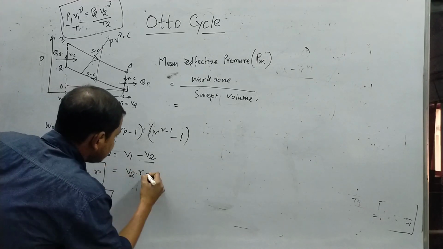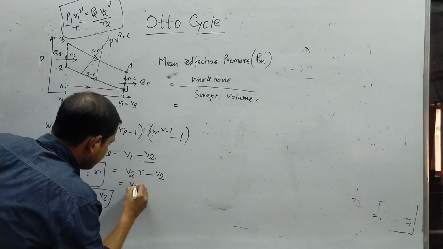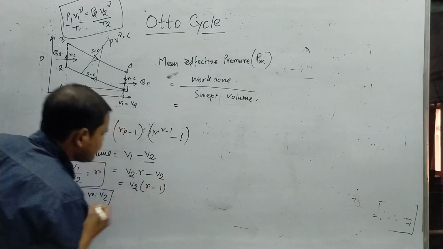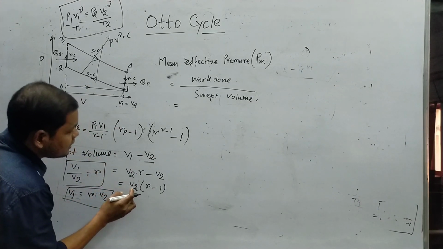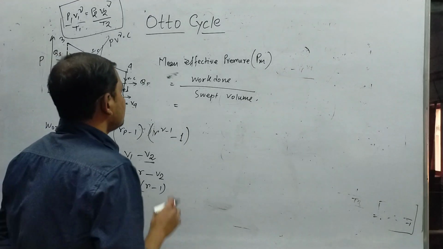V2 R minus V2 becomes V2 into R minus 1. Swept volume is defined as V2 into R minus 1.